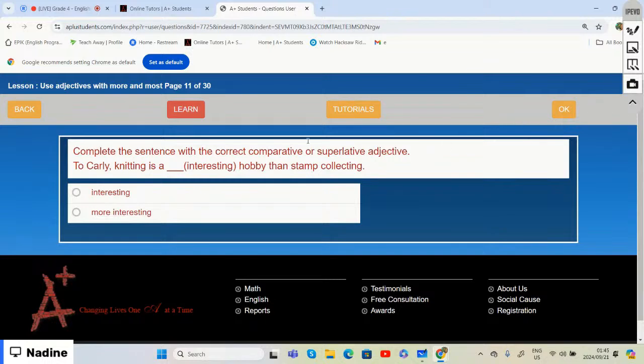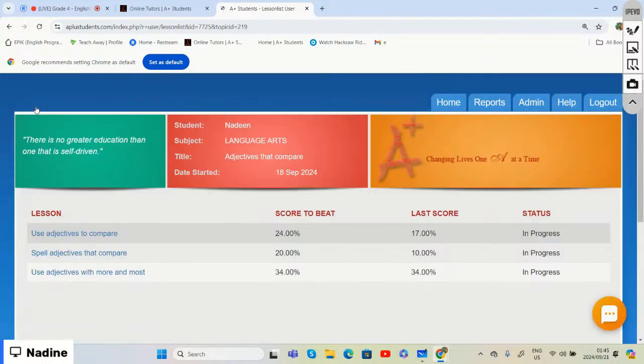So this is now the end of our lesson on adjectives that compare. We said when we compare adjectives, we are comparing people, places, and things. We can compare two people or more people. When we compare two people or two things, we add an ER to our base adjective.